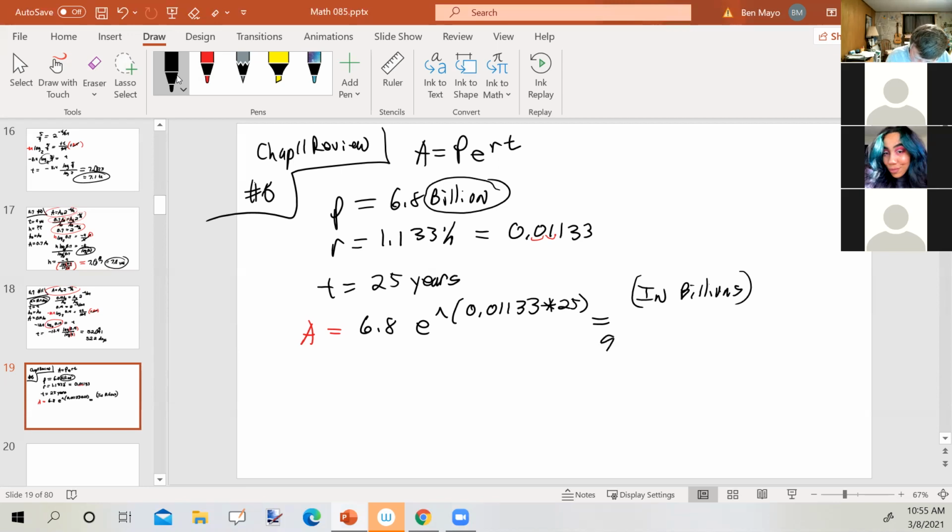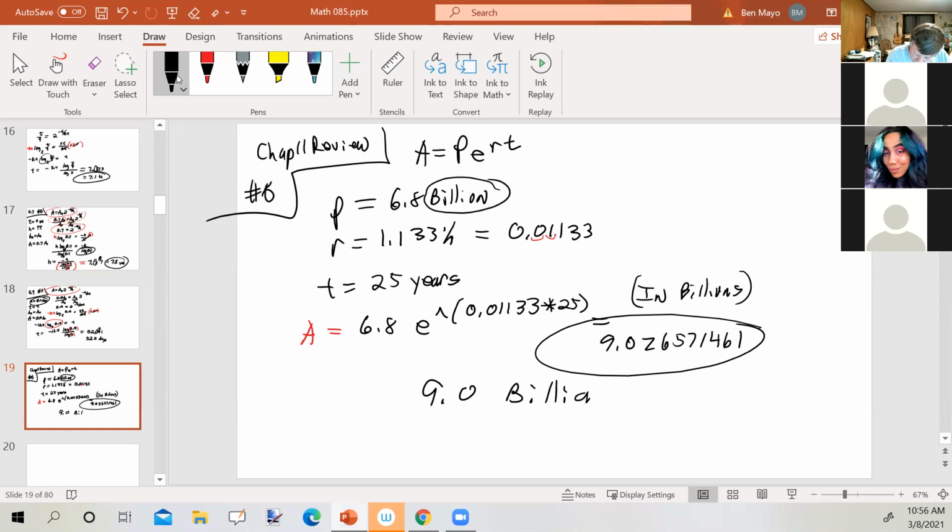And I'm coming up with 9.026571461. Okay, which is basically what the student had. Theirs went out even further. But if it's in billions, then this number would be 9.0 in billions. Okay. Does that make sense?